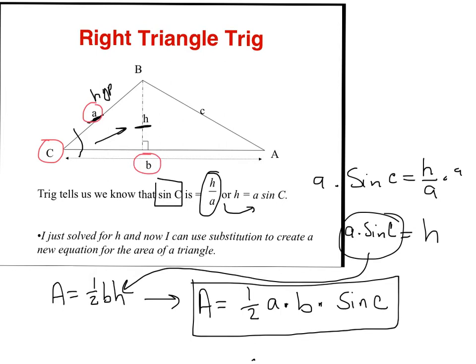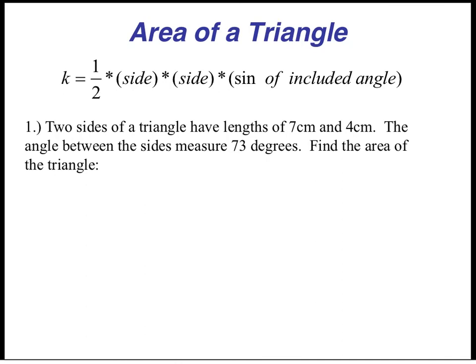If you think in terms of geometry, we have side, angle, side. So when you have a triangle with side, angle, side given, you can go ahead and find the area. Here's the formula, and then I have a problem. It's side times side times the sine of the included angle, the angle between those two sides.